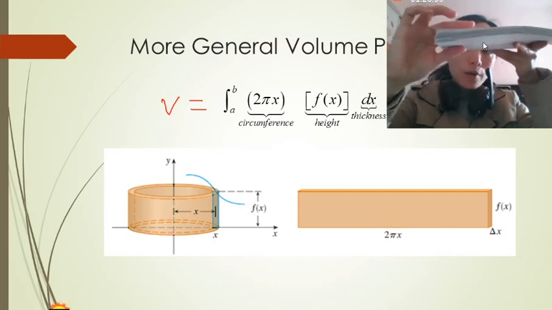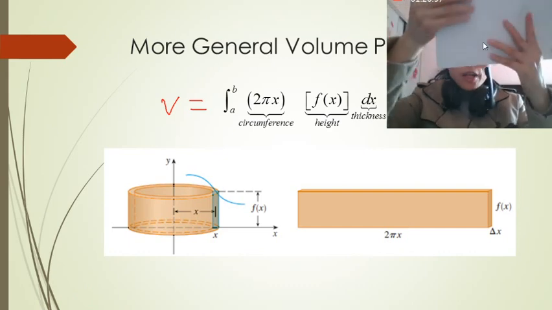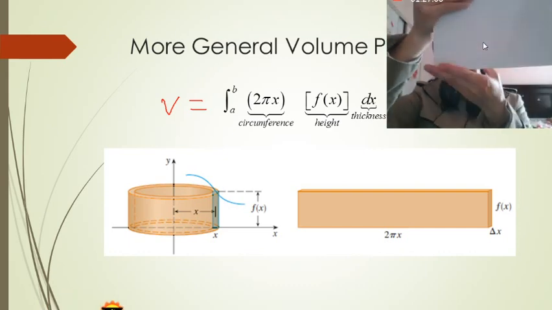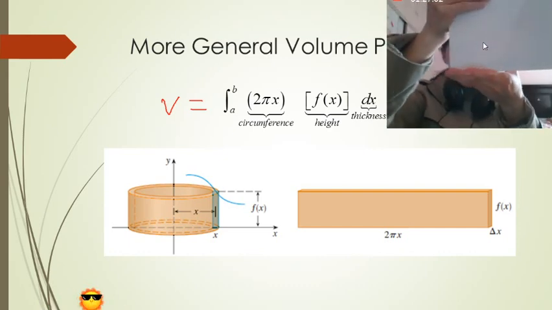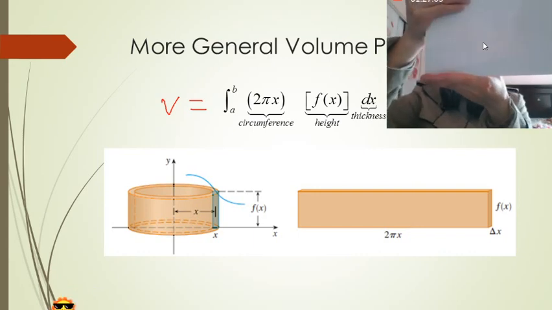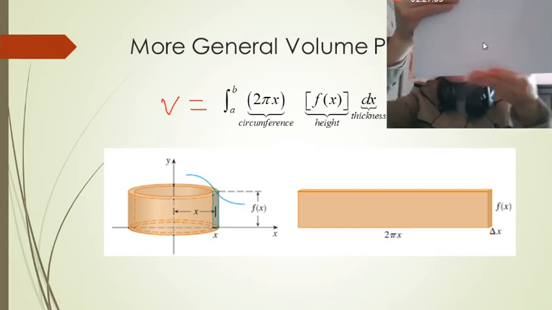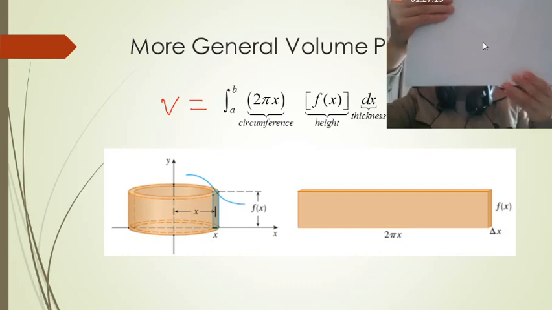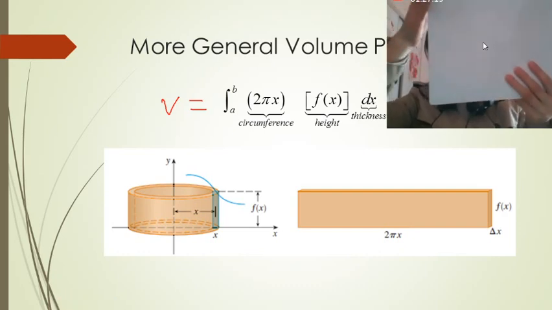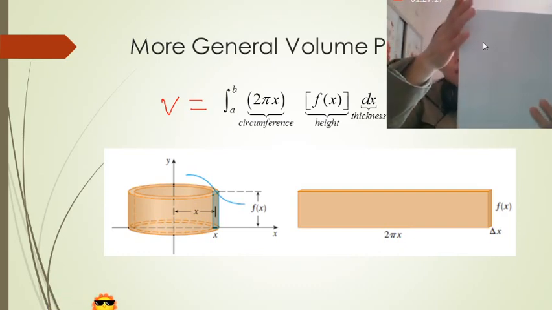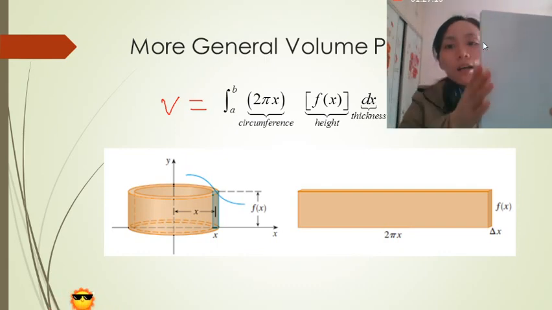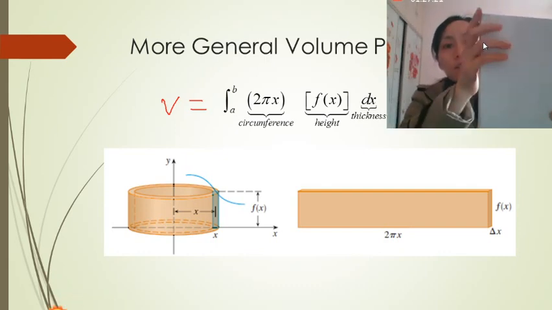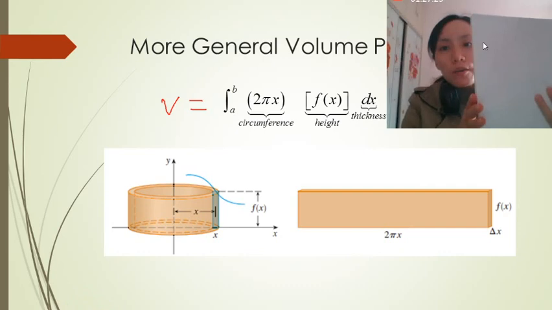The volume of the shell will be the circumference, which gives the length of the rectangular box. So this length is the circumference of the circle. And then the height of the rectangular box is the height of the shell.